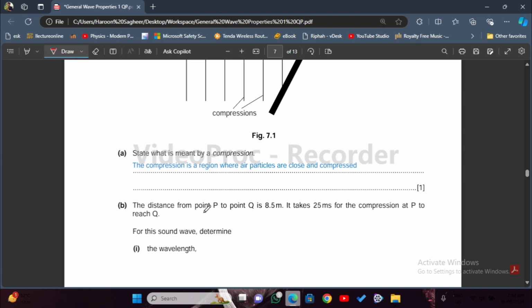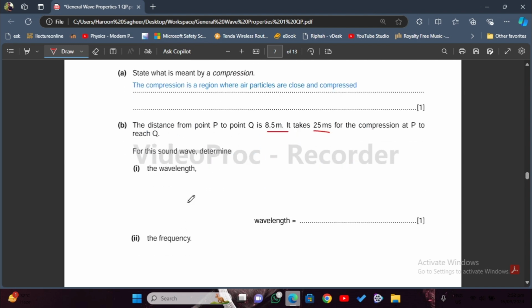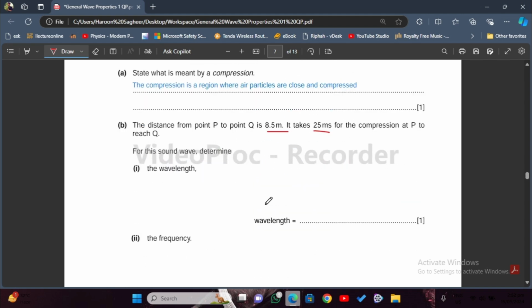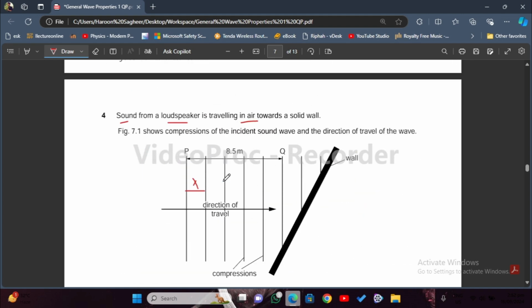It says the distance from point P to Q is 8.5 meters. It takes 25 milliseconds for the compression at P to reach Q. Now we would have to find the wavelength. It's very easy to calculate, because what we see here is a distance of 5 wavelengths, I believe.